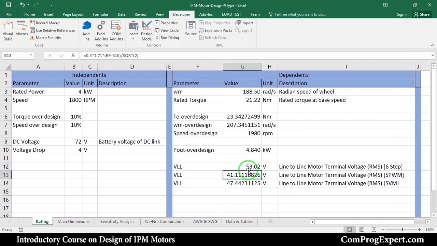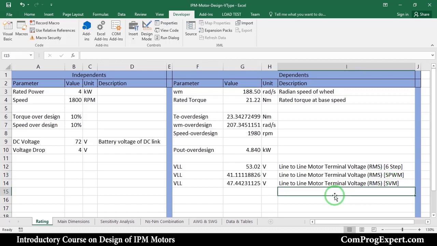As you can see here, the RMS value of output voltage is different for these strategies, and in this strategy the harmonic content is high, and in these strategies the harmonic content is lower.